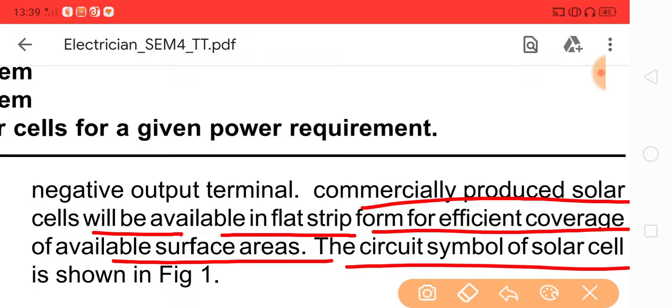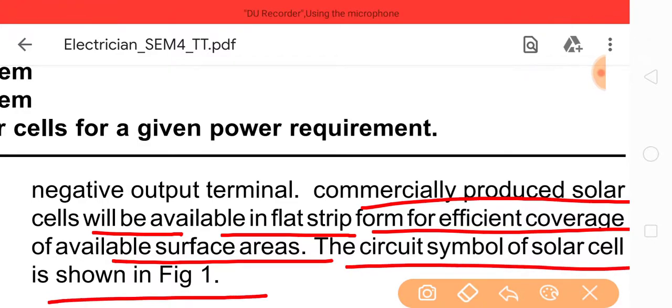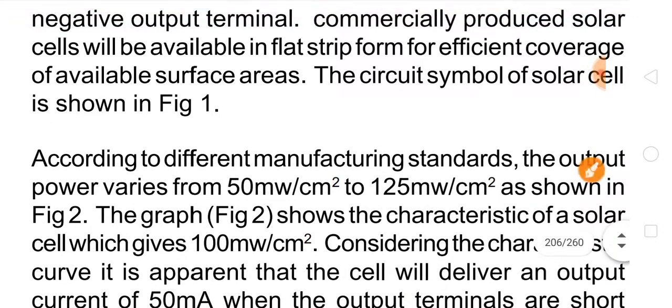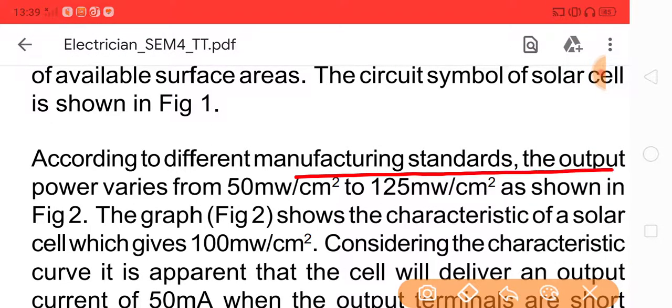The circuit symbol of a solar cell is shown in picture 1. According to different manufacturing standards, the output power varies from 50 milliwatt per centimeter square to 125 milliwatt per centimeter square, as shown in picture 2.